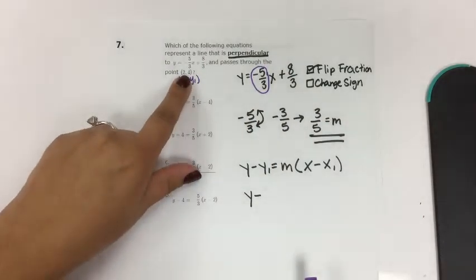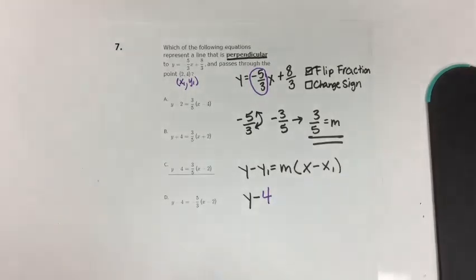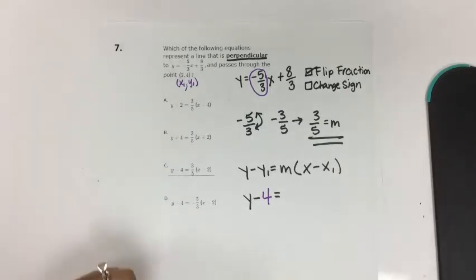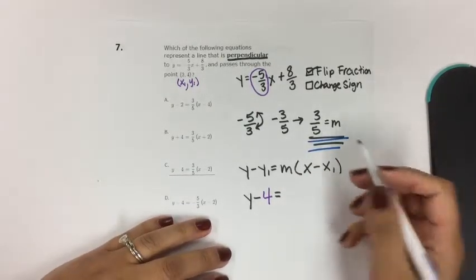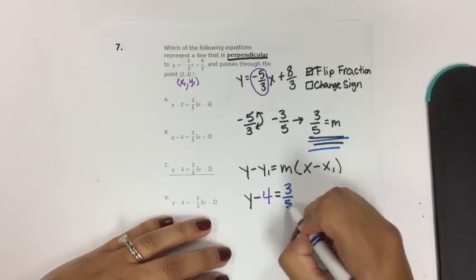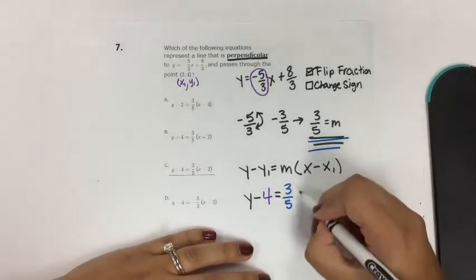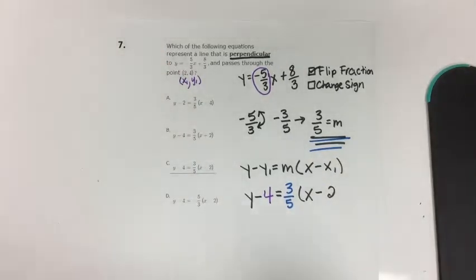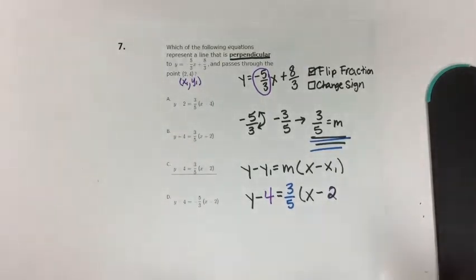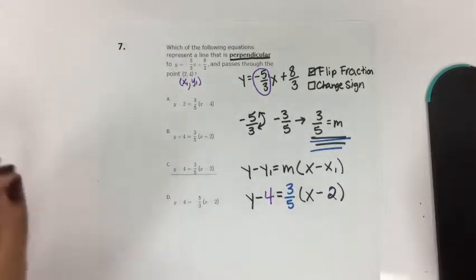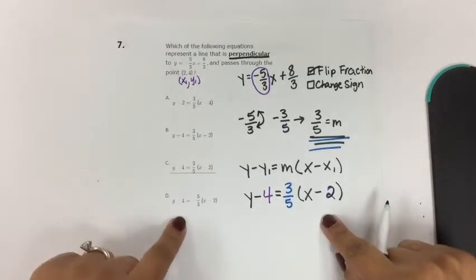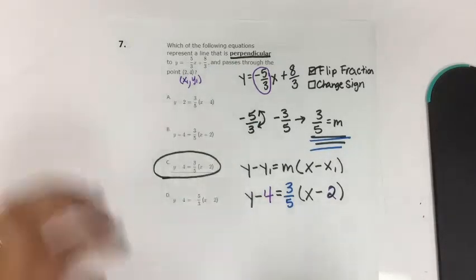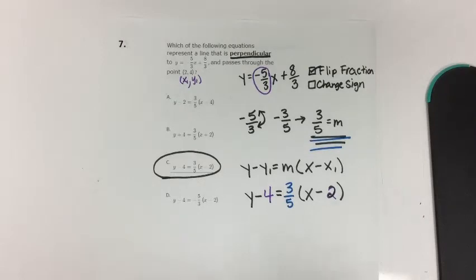So y1 is 4 equals, and my slope is 3/5 x minus, and my x1 is 2. So which one of these equations looks like that? And it is right here. That would have been my answer for number 7.